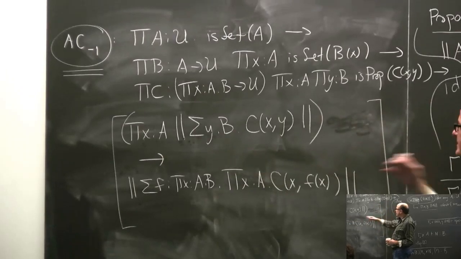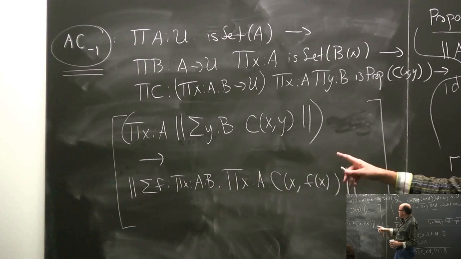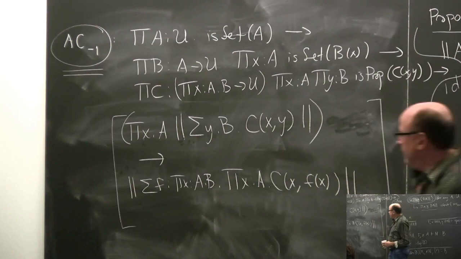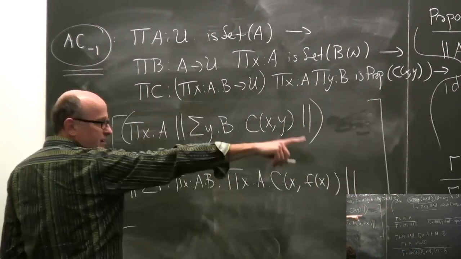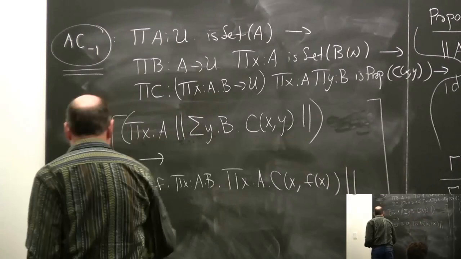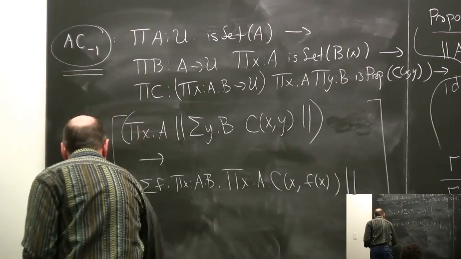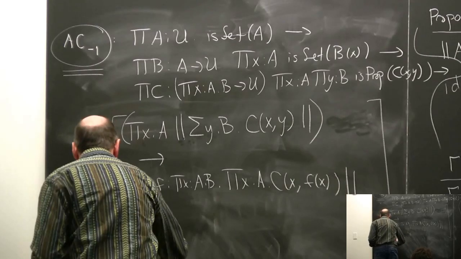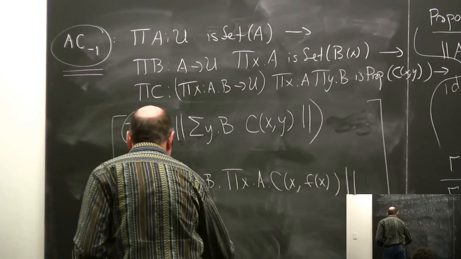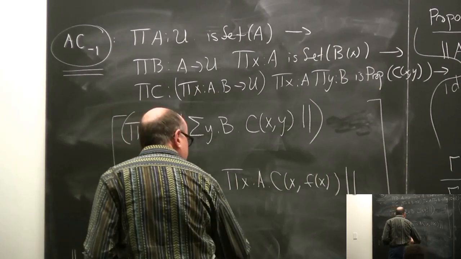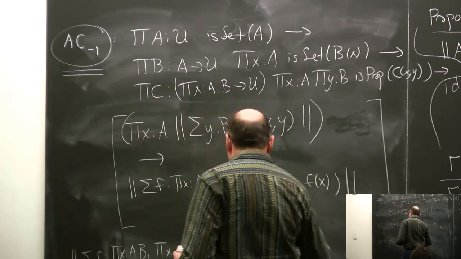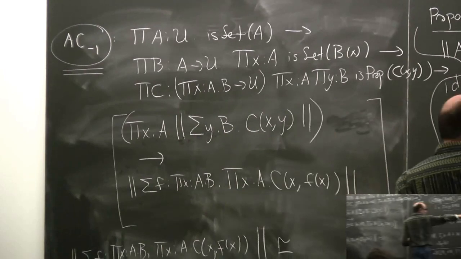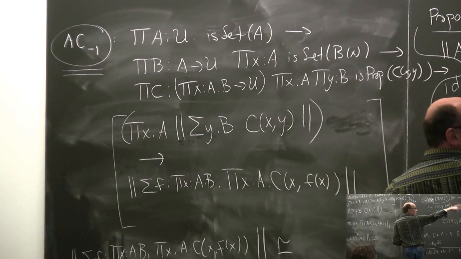Okay, so now let's do a little hocus pocus on this to reduce it to something even simpler. There's another way of saying the same thing. What I'll do is observe that by the very equivalence that I mentioned before, if you look at this one on the right here, sigma f in pi x in A B, such that, as written out here, C x (f x), well, that thing is equivalent to, what I'll do is run the AC infinity, so to speak, backward, okay?